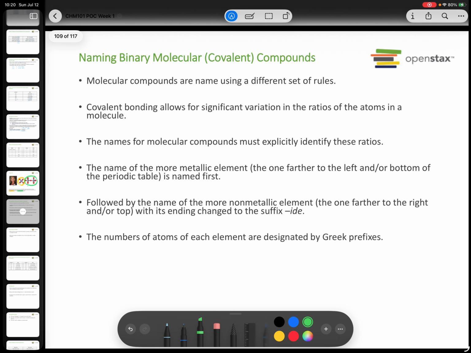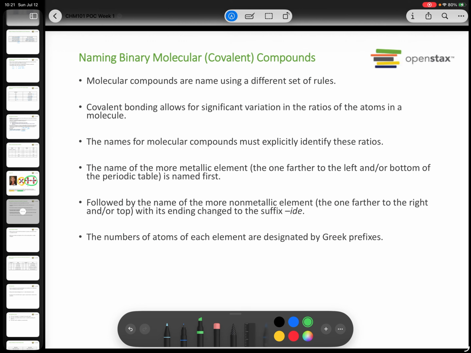So, we move on to molecular compounds, namely, itong binary molecular covalent compounds. So, molecular compounds are named differently, no, from ionic compounds. Kanina, ionic compounds yung diniscuss natin. So, ngayon naman, punta tayo sa molecular compounds, no? So, because covalent bonding can produce many different ratios between the same two elements, we must use prefixes to specify the number of atoms.